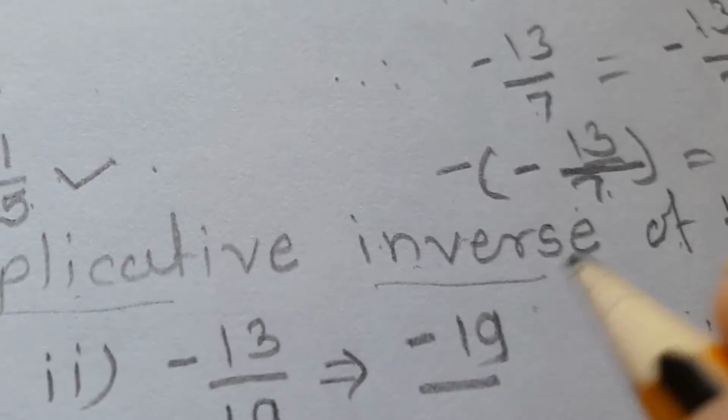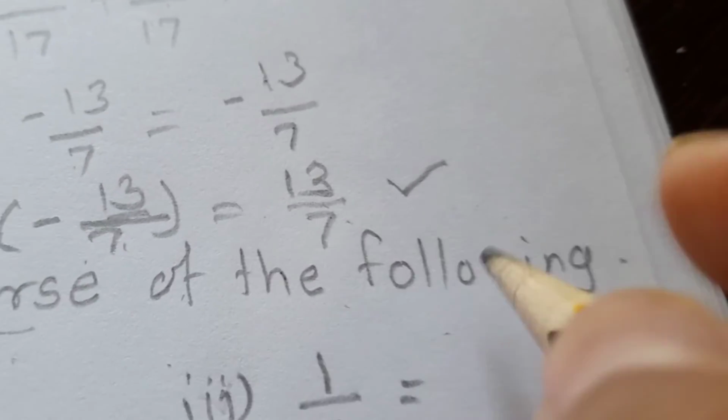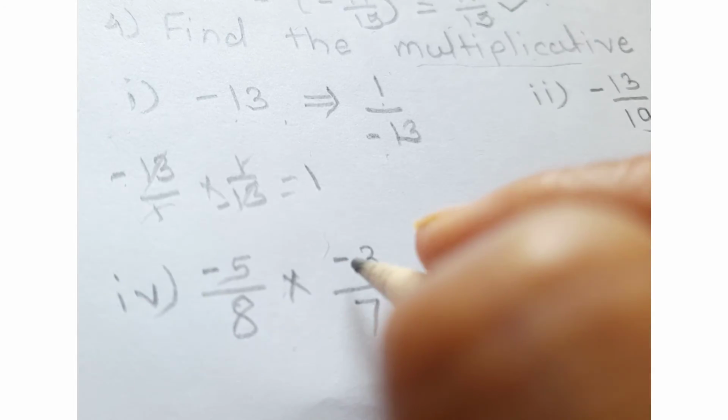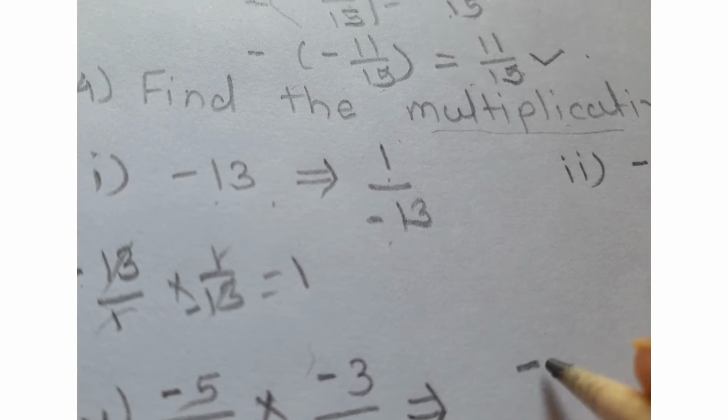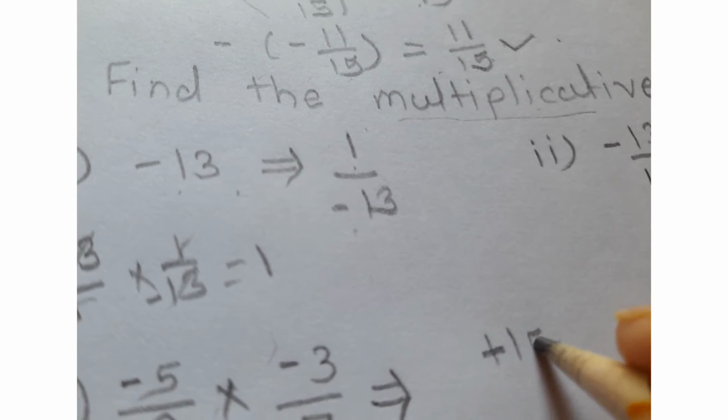The multiplicative inverse of minus 13 upon 19 is minus 19 upon 13. You just have to change the numerator and denominator. The multiplicative inverse of 1 upon 5 is 5 upon 1, which means 5. Now fourth, minus 5 upon 8 into minus 3 upon 7.